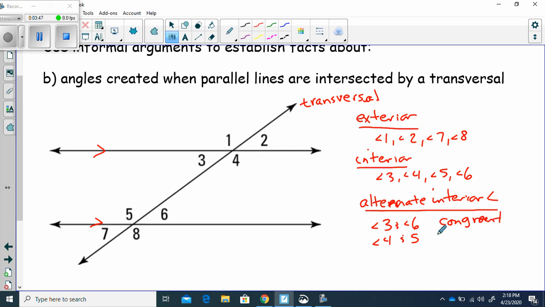Angle 4 and angle 5, you would notice that they were congruent if you did that. If you took angle 3 and brought it down here, and rotated it 90 degrees, you would put it right here on top of angle 6. Angle 4 and angle 5, same thing. So alternate interior angles are congruent.